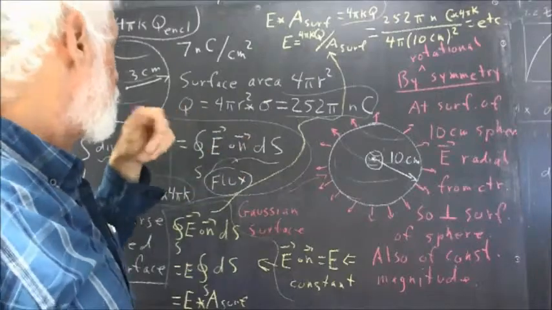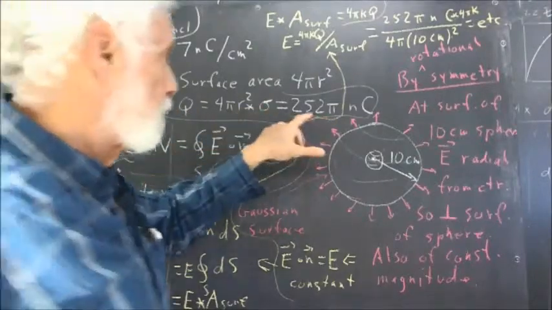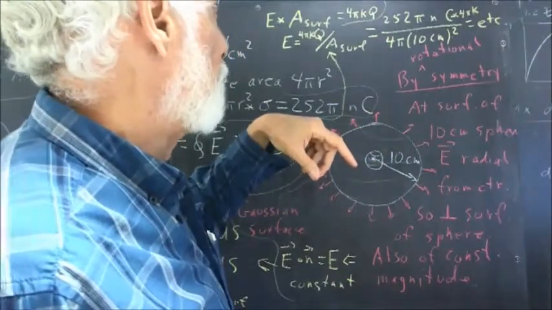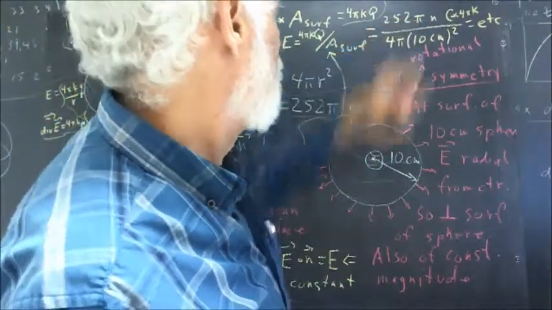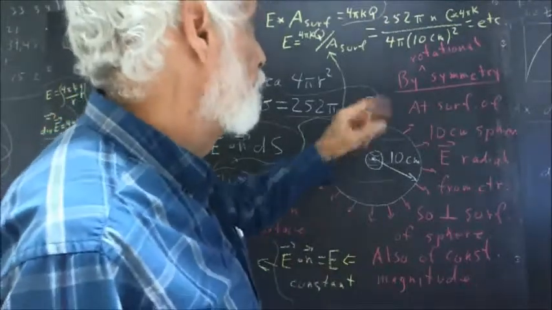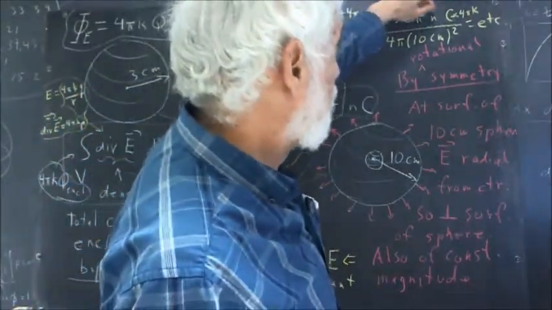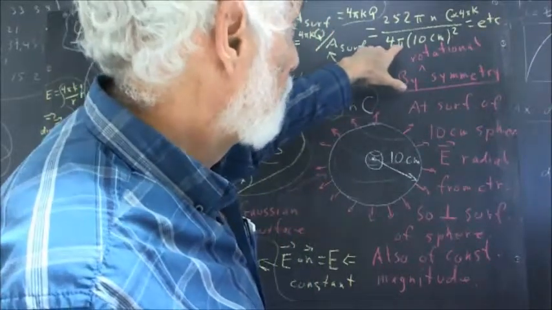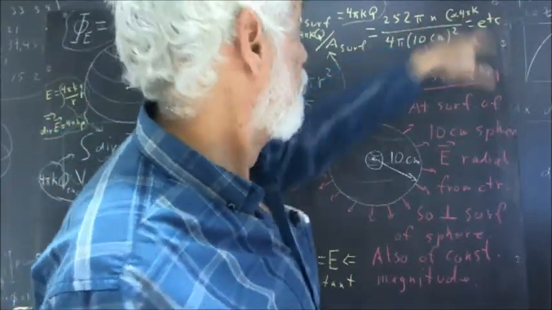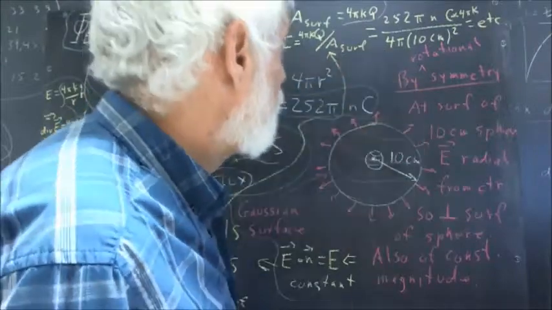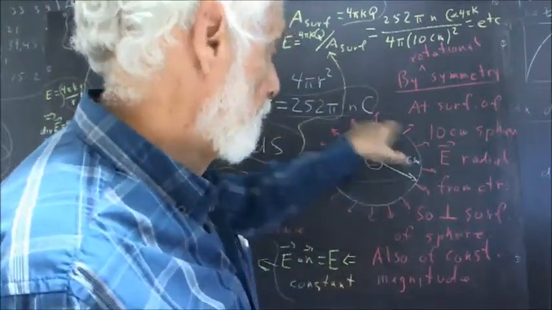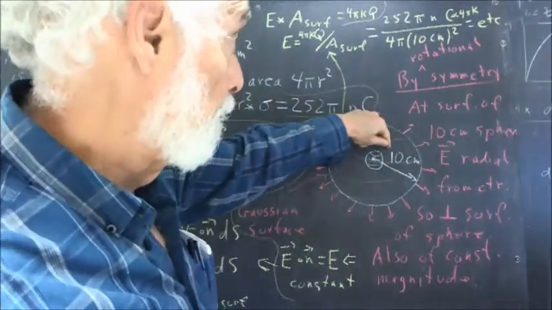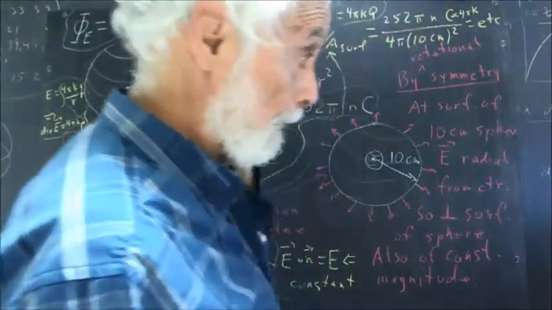And the charge on the sphere was 252 pi, and it's not newton coulombs, it's nanocoulombs, 252 pi nanocoulombs multiplied by 4 pi k divided by 4 pi times the 10 centimeter squared surface area of this sphere, because the flux is now distributed over the 10 centimeter sphere. We're going to have to divide by the area of that sphere.